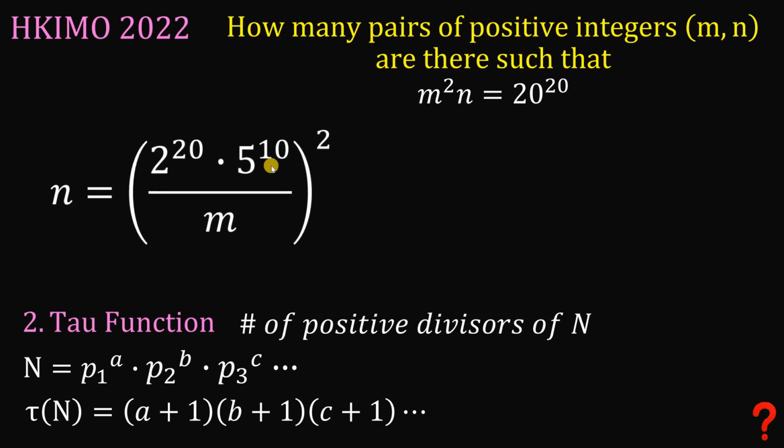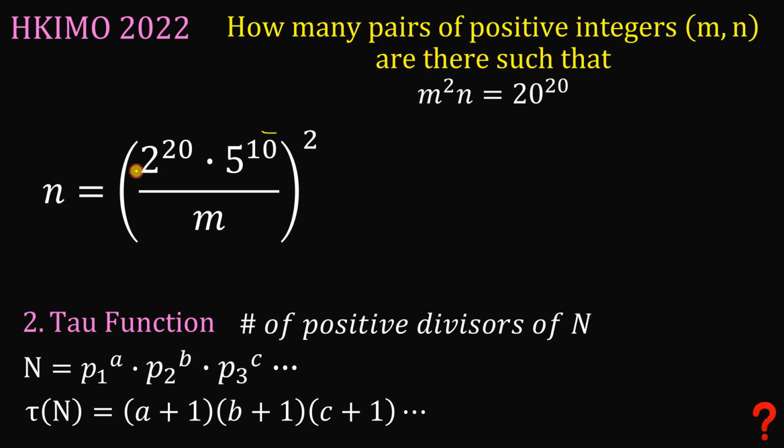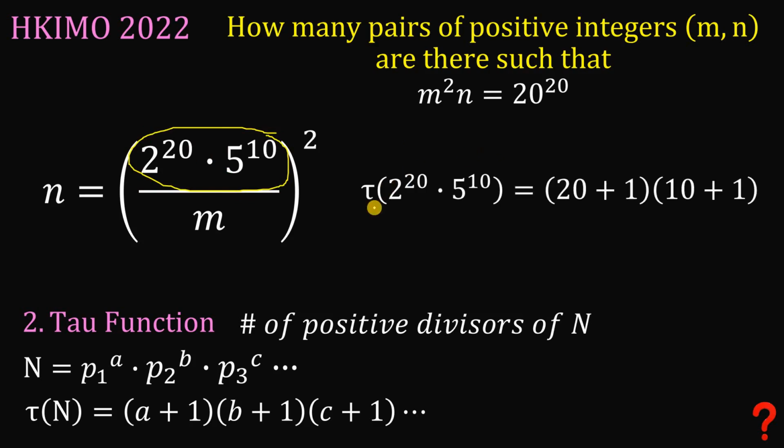Now, we can use the tau function. We can apply this to our number, 2 raised to the power of 20 times 5 raised to the power of 10. So the tau of 2 raised to the power of 20 times 5 raised to the power of 10, or simply the possible values of m, simply equals 20 plus 1 times 10 plus 1.